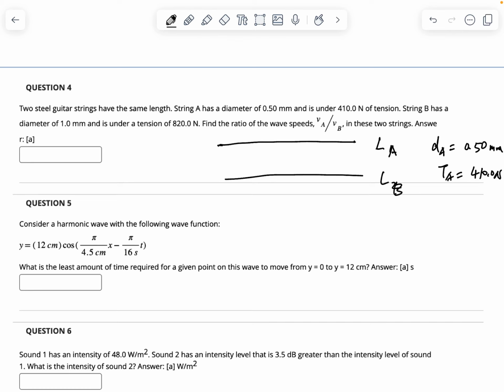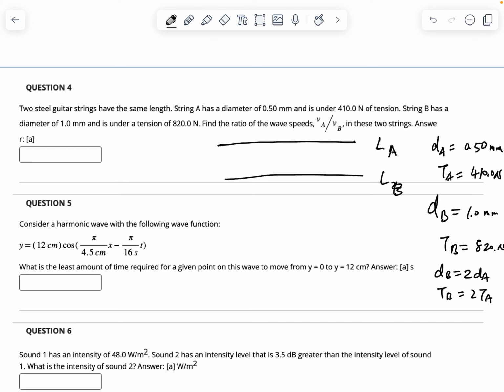String B has a diameter of dB equal to 1.0 millimeter, under a tension of TB equal to 820 Newton. All right, so from this relationship we know dB equal to 2dA and TB equal to 2TA.